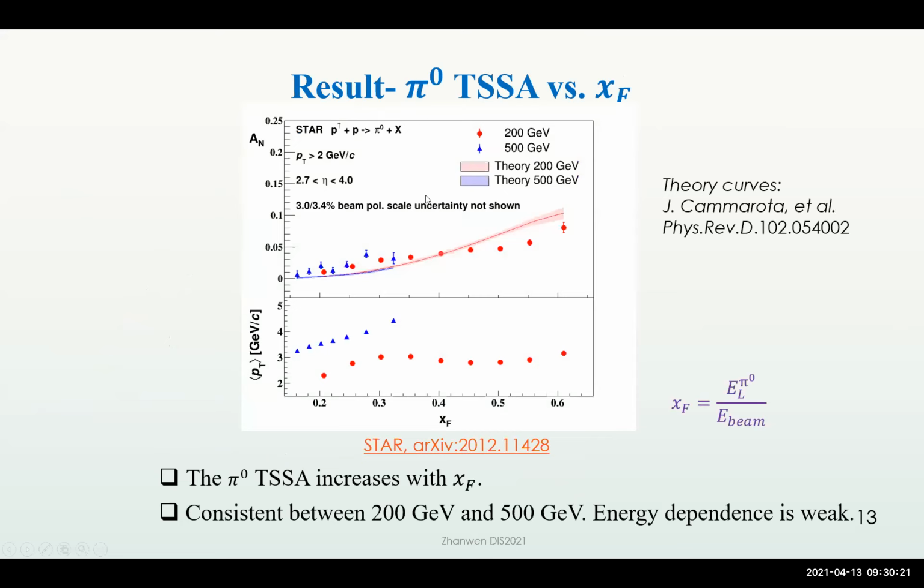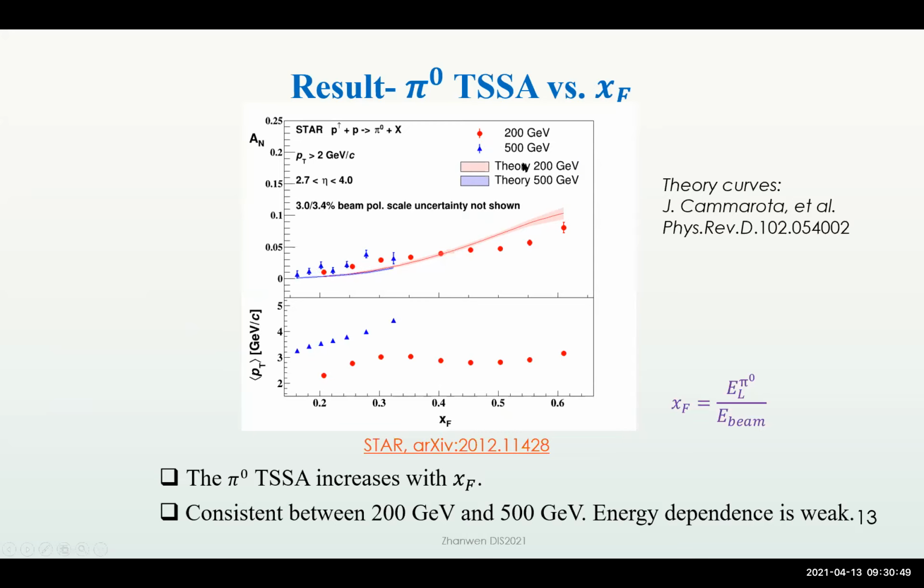This is the pion TSSA. We have 2 different energies, the blue and the red points, and we also offer some theory predictions here. Mostly we can see that the trend is AN rising as xF increases.